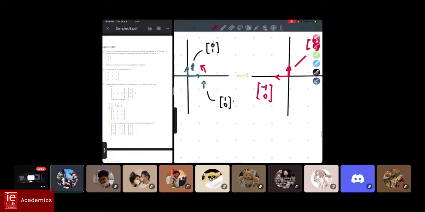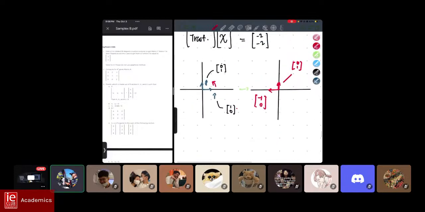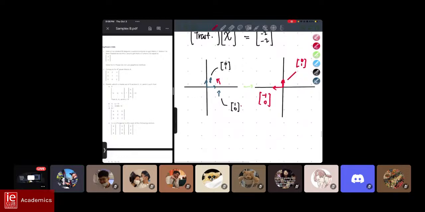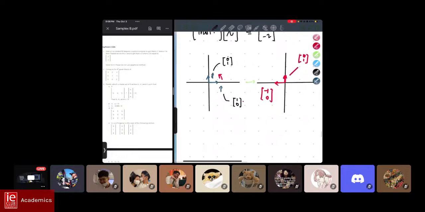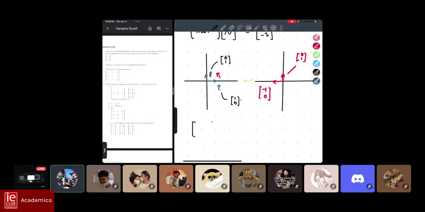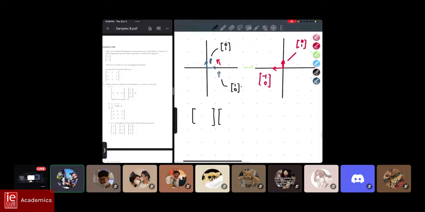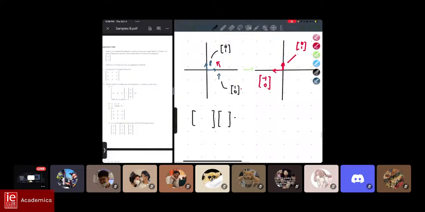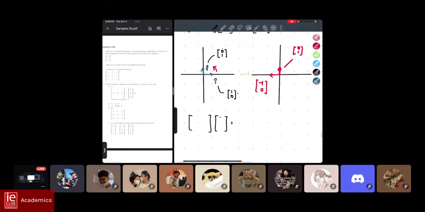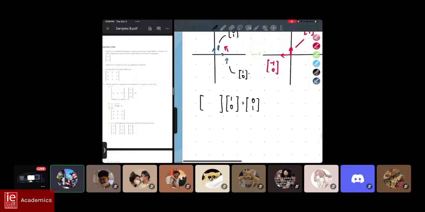Somewhat interchangeable. So, let's first get the transformation that will give us this result. Let's start with I hat. Something times 1, 0 will give us 0, 1. So what could that be?